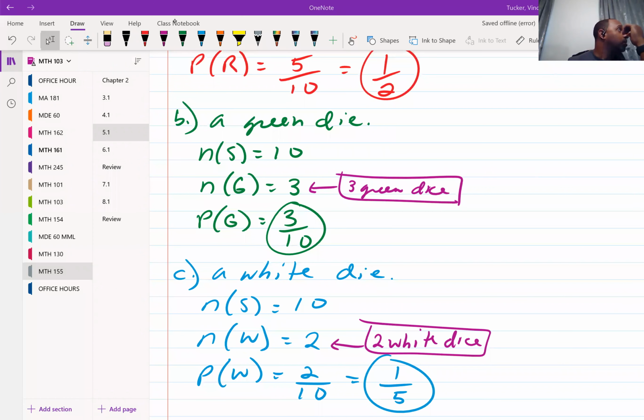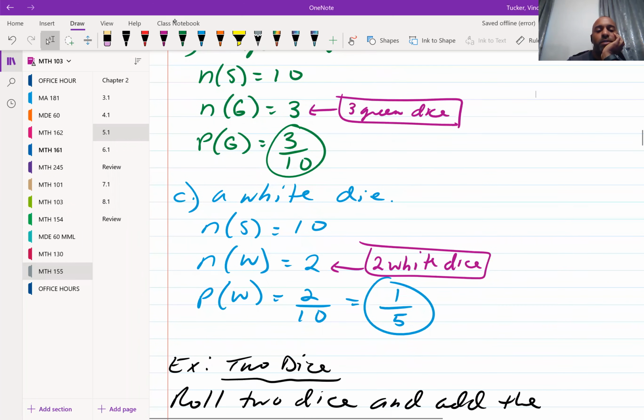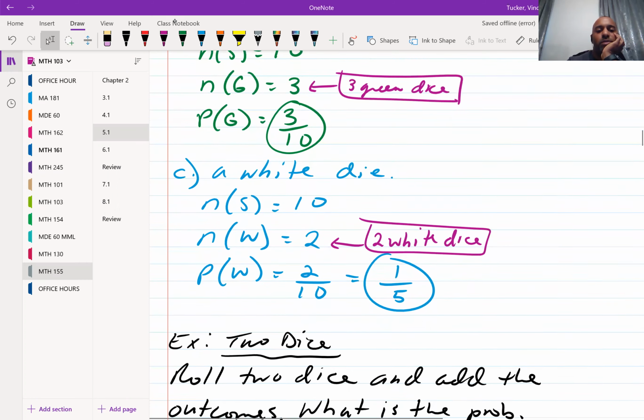The sample space is 10. All right. Any questions so far?